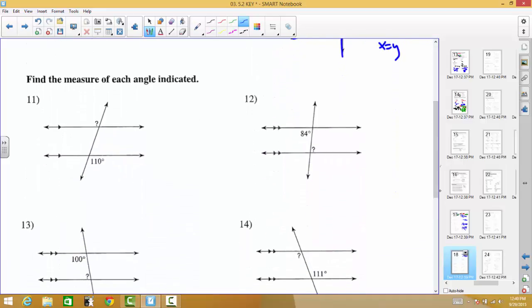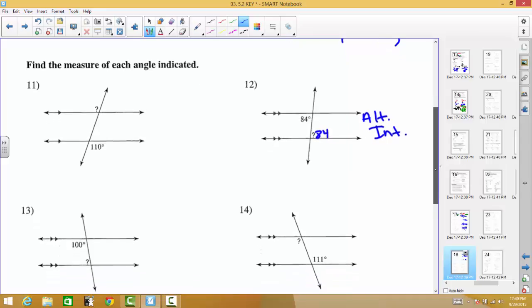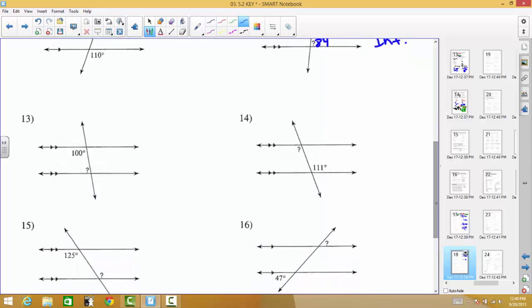In 12, these are alternate interior, which means they're the same, so this is 84. In 14, these are also alternate interior, so they are on the alternate side of the transversal, which I just drew, and they're on the inside of the parallel lines, so they're the same angle again, so 111 degrees.